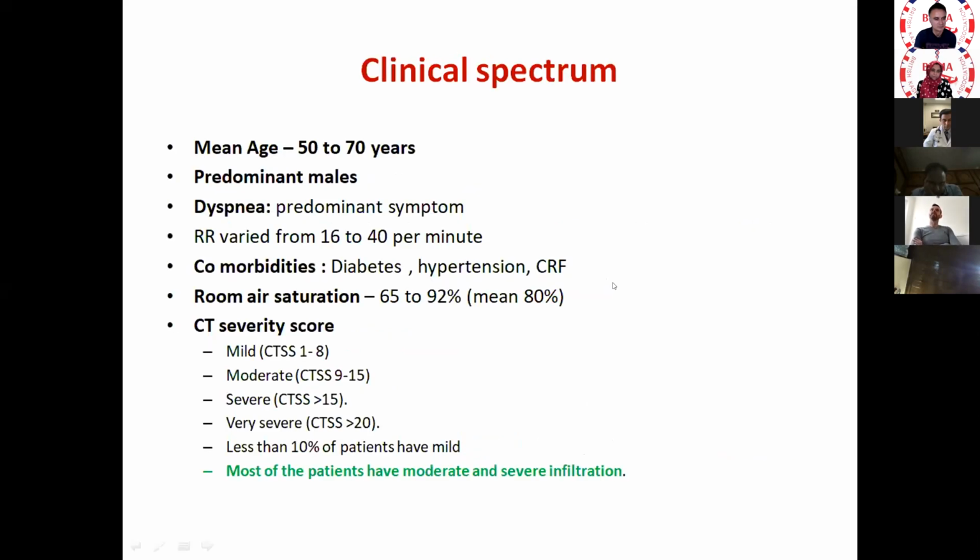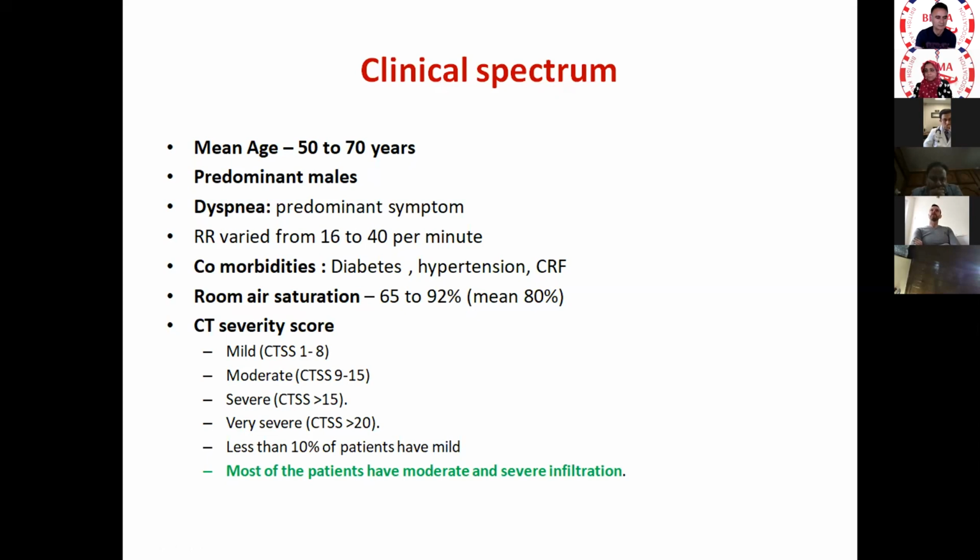If we analyze the patient spectrum that we deal with these days, most of the patients are in the age group of around 50 to 70 years, and most of them are males.